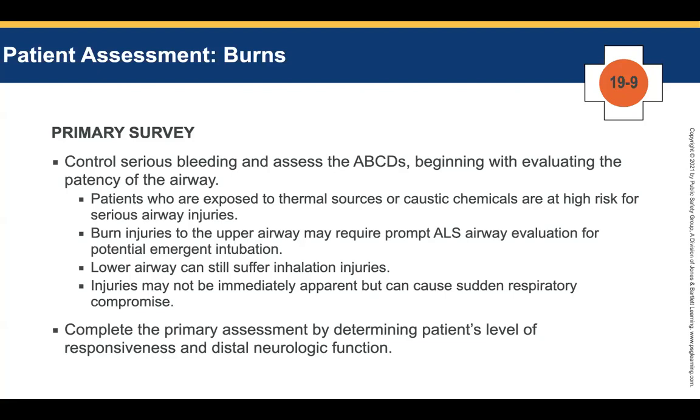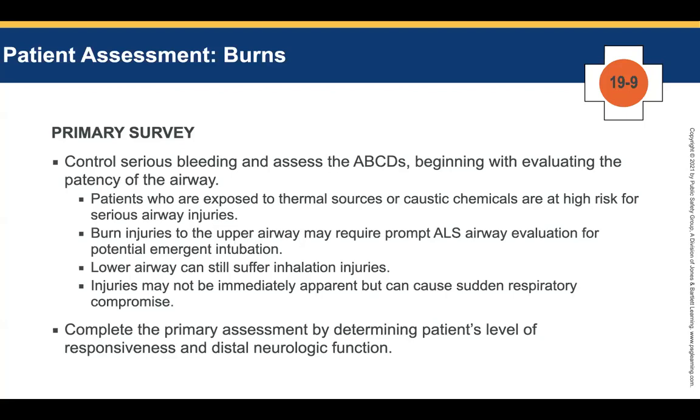Patients who are exposed to thermal sources and caustic chemicals are at higher risk for serious airway injuries. So again, ABCs: is the airway involved? What do we need to do to protect the airway? Do we need to put oxygen on them?